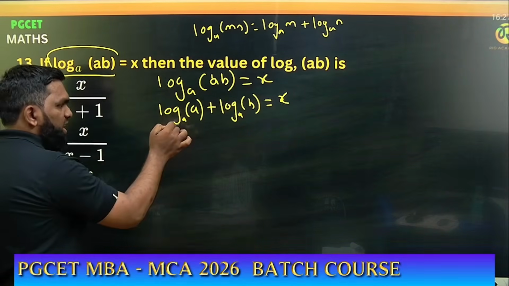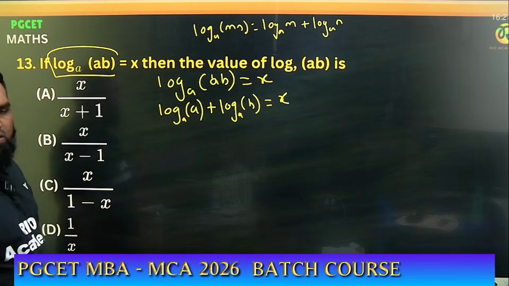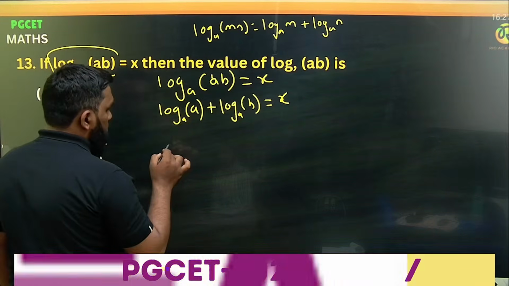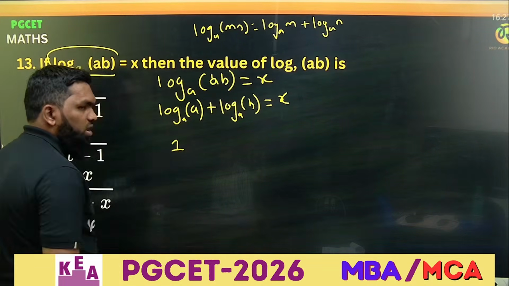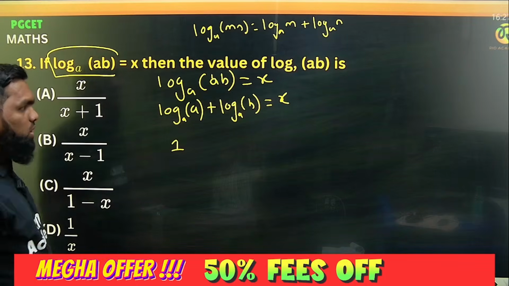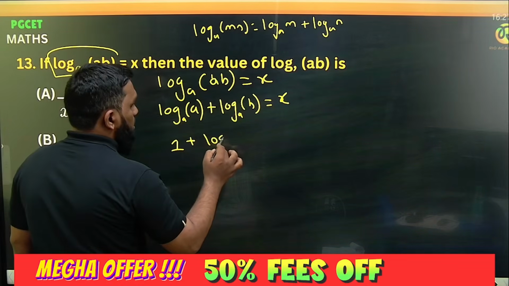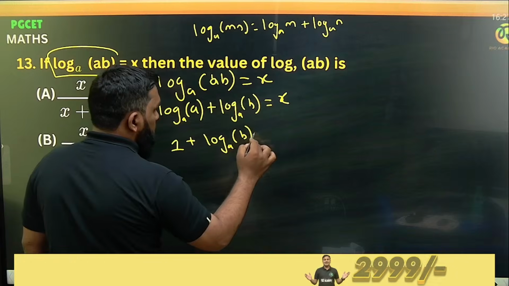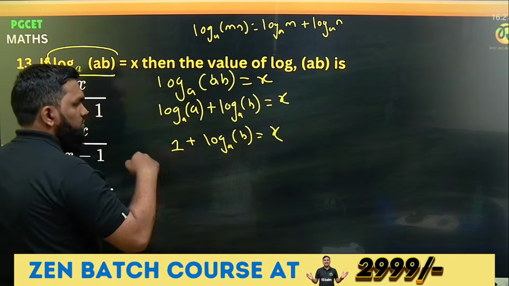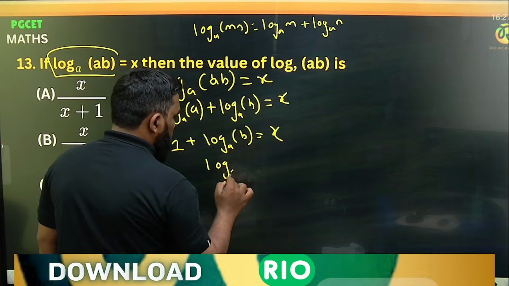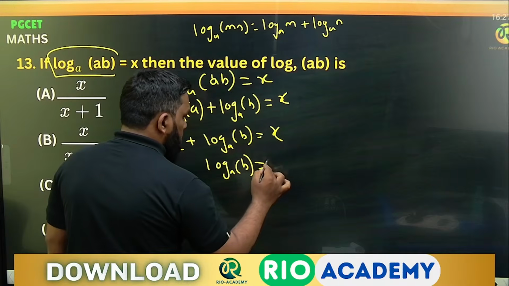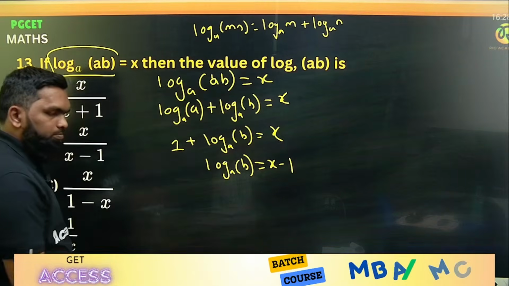If both base and the argument are the same, then we can take it as 1. 1 plus log base a of b equals x. Shift 1 to that side, that is log base a of b equals x minus 1.